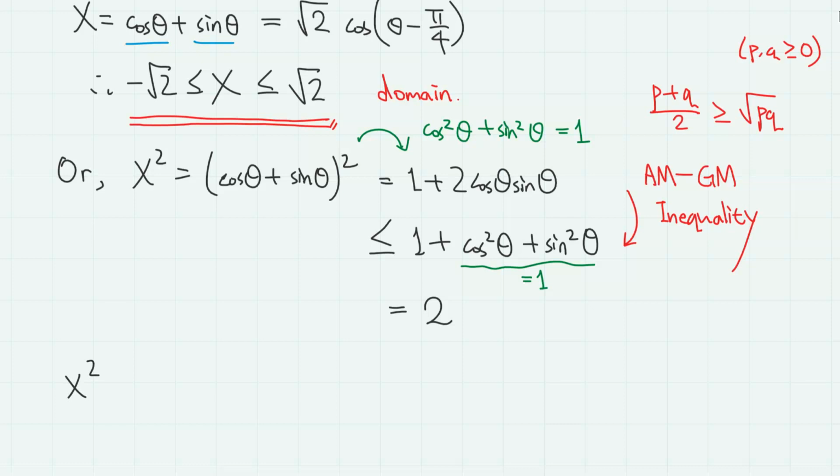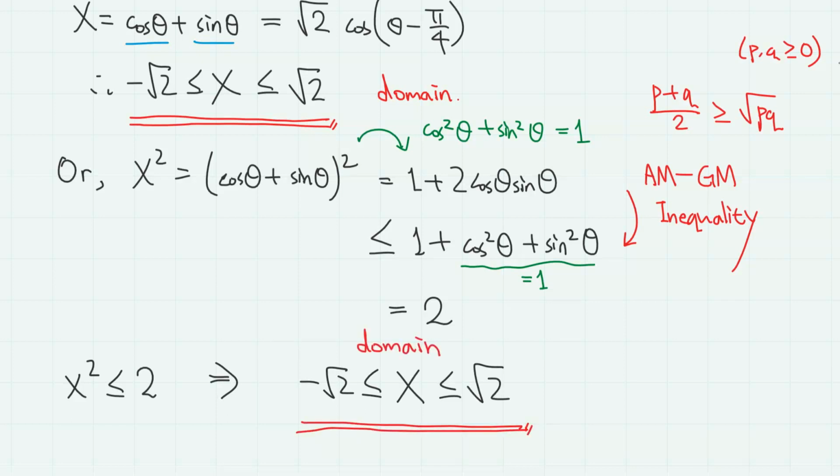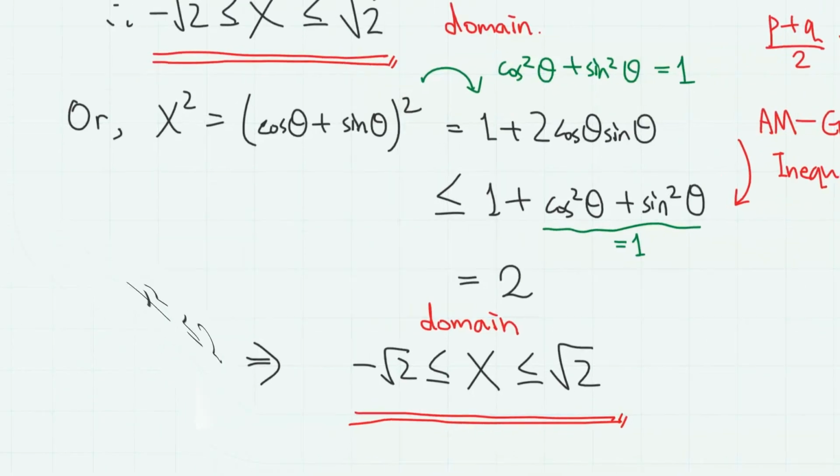So we have x squared is less than or equal to 2, which also gives x is greater than or equal to minus square root of 2 and less than or equal to square root of 2. See, there are just so many methods we can use to determine the domain.